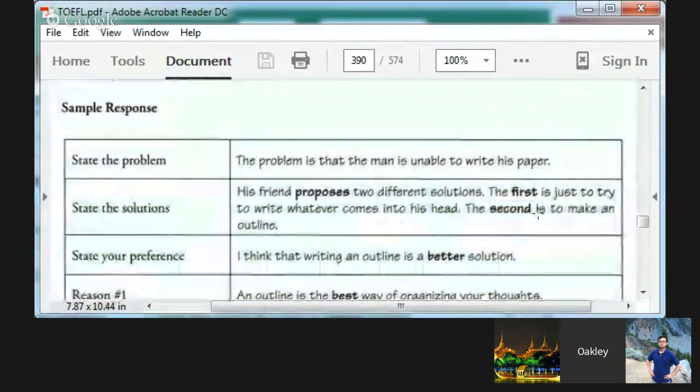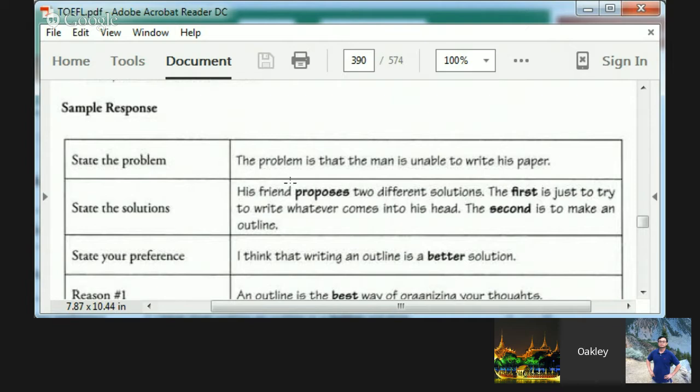You could simply use an "or" statement. His friend suggests that he could just free write, or he might want to try writing an outline. Even better, I said "free write." I'm using a synonym phrase because I know that's what it's called in English.